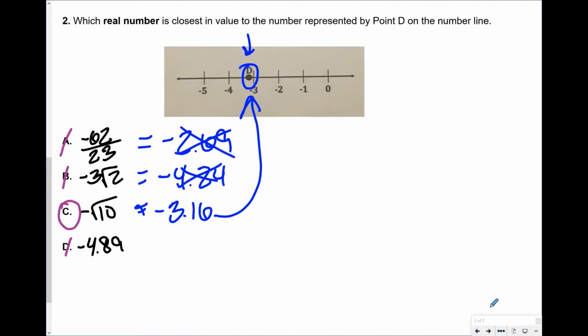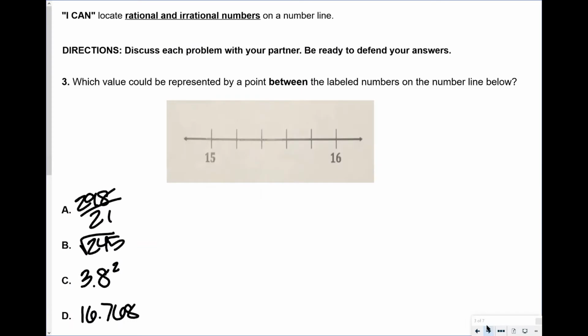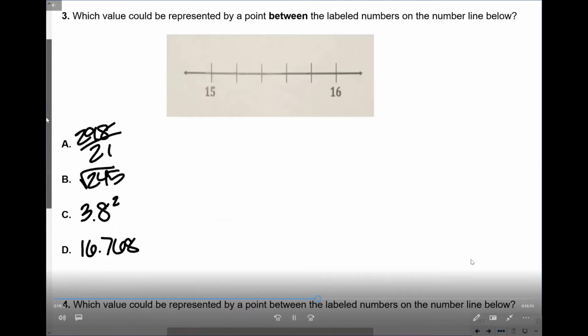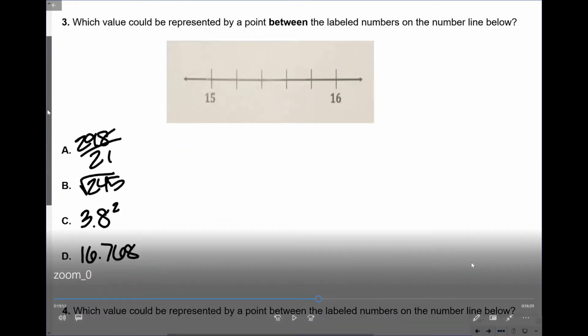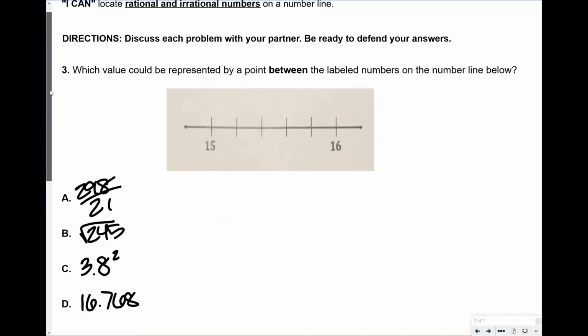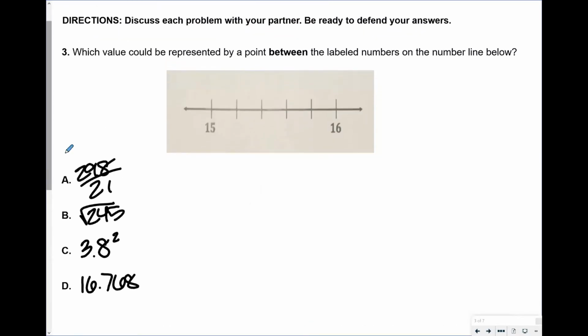All right, let's look at 2 more examples. I'm just going to do this example here because it's quite different from the other. Which value could be represented by a point between the numbers on the number line below?